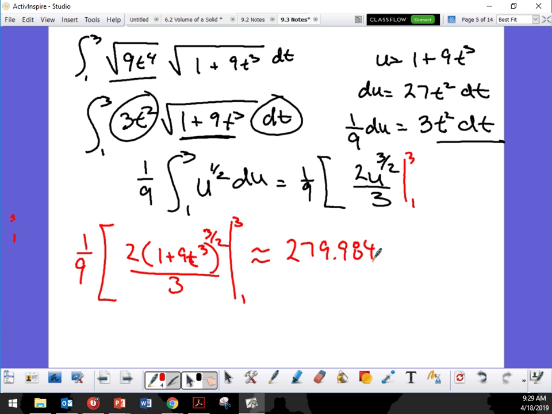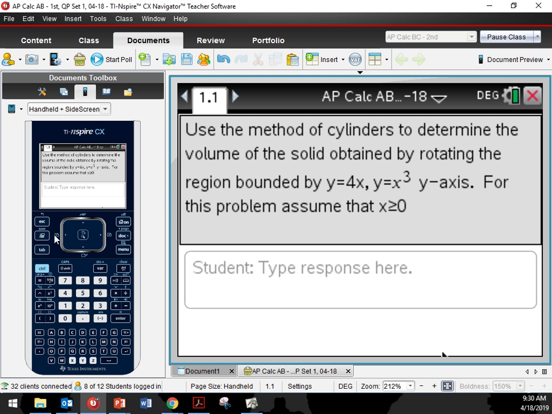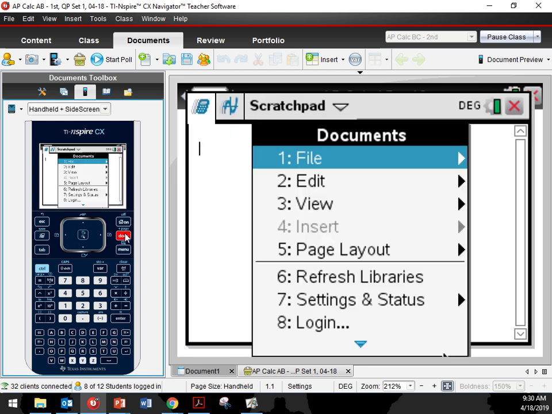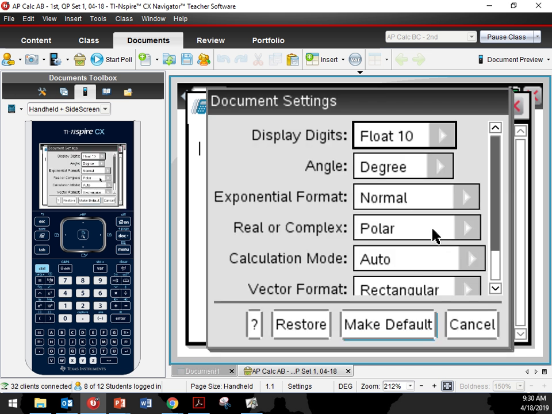So your calculator is your friend. Alright, let's see if I could actually get this to work today. Settings. Polar.